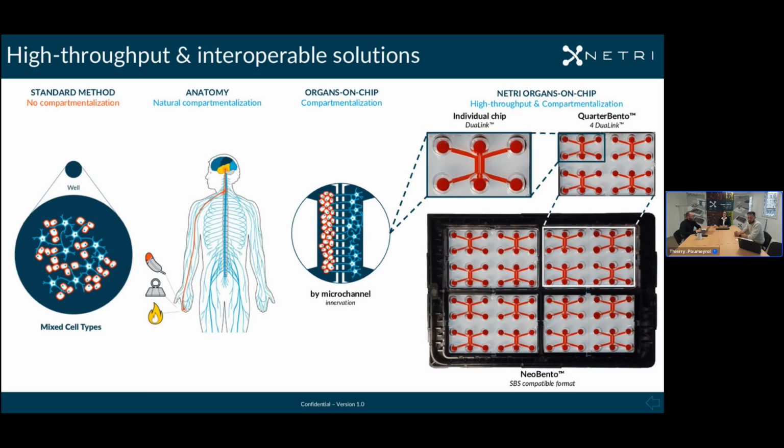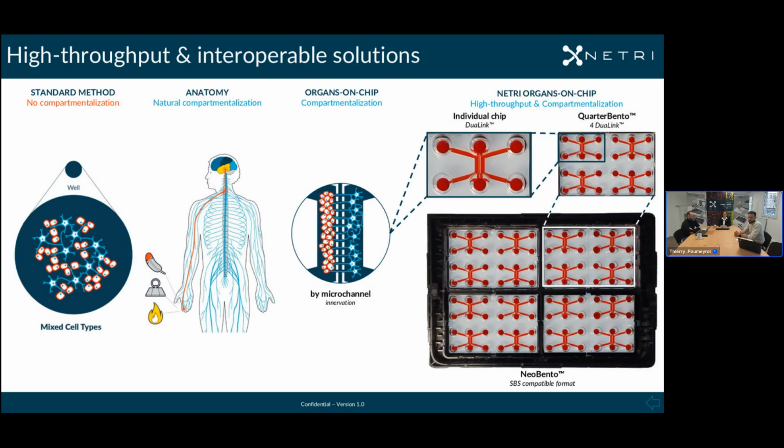Organ-on-chip offers a solution for compartmentalizing, separating cell populations, but keeping the connection between them. And if we take the example of the peripheral nervous system, you can really reproduce this, having the neurons in one compartment and projecting to a target organ in another compartment.